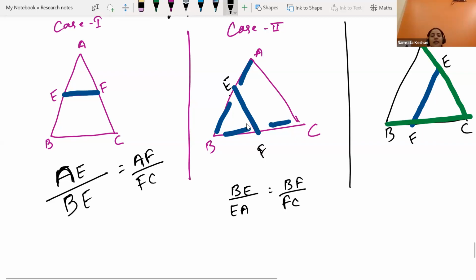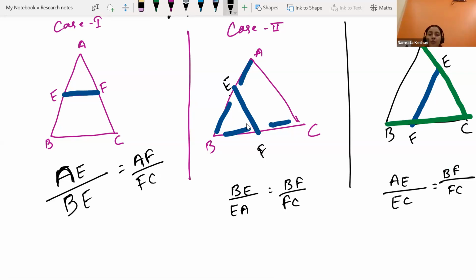That means AE by EC, you can take from this part, this way, is equal to BF by FC from here. Please maintain the parity. Maintain the sequence here and there. Don't start jumping. If you are taking this one first from here, then here also take this one first and then this one.